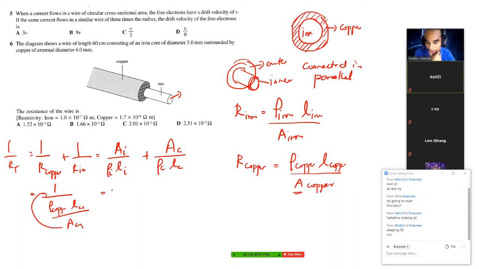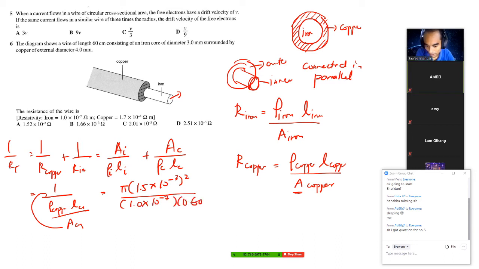Okay, so we want to substitute all the numbers. For iron, it will be pi times (1.5 times 10 power of negative 3) squared, because pi r squared, over 1.0 times 10 power negative 7 and 0.60.